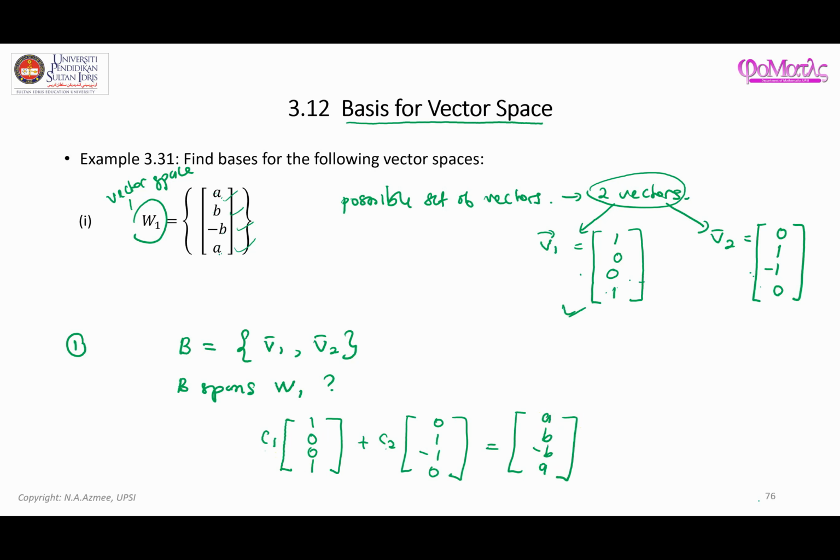In order to do that, we shall consider the augmented matrix. The augmented matrix will look like this: 1, 0, 0, 1, 0, 1, negative 1, 0, and here is A, B, negative B, A.